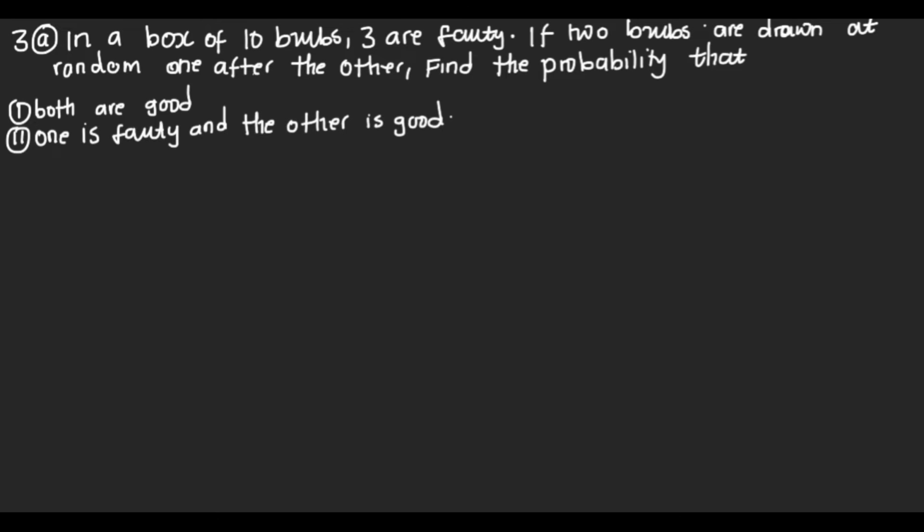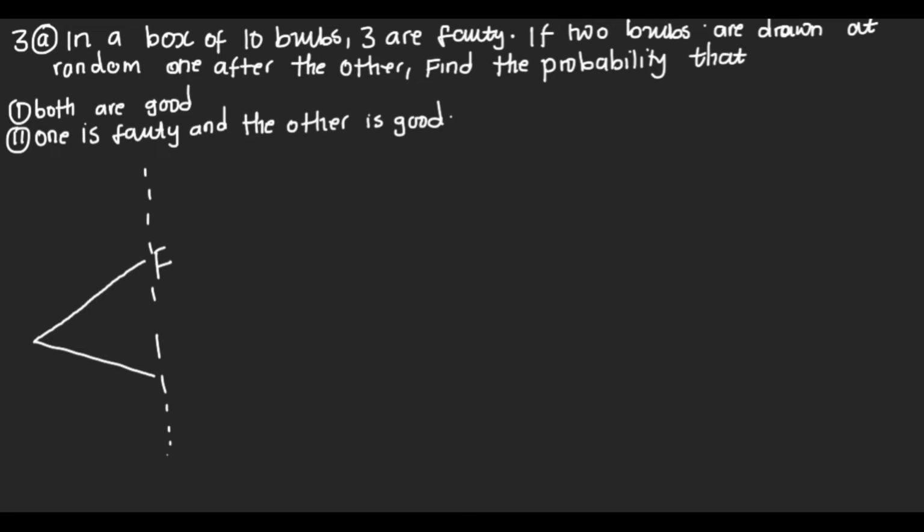So let's look at the information. In this particular box, there were 10 bulbs. Now if 3 were faulty, this means that 7 were good. So you subtract 10 minus 3, we have 7 good. Since we only have 2 outcomes, our tree diagram will have two outcomes. This is our first pick.